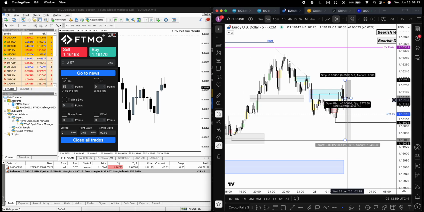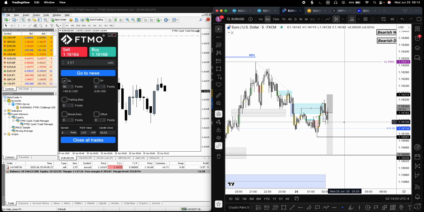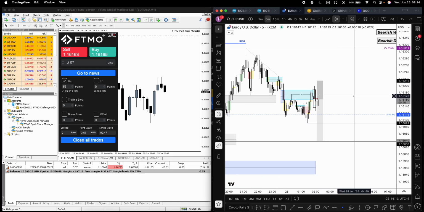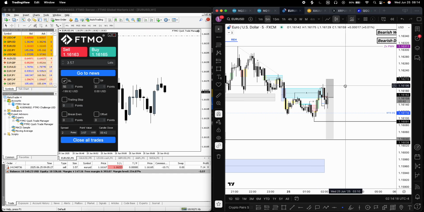So price may go up first, maybe my bearish narrative is correct and price will go down, but I might be wrong about the timing. So maybe price wants to come up here and then fall off. So we'll have to wait and see.